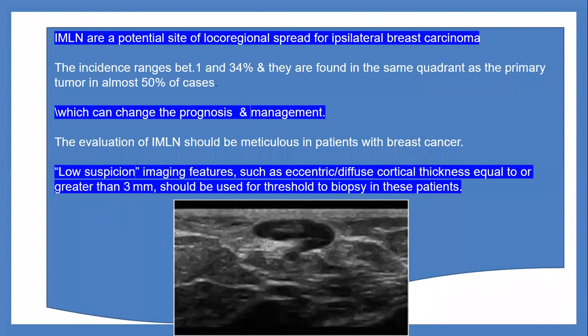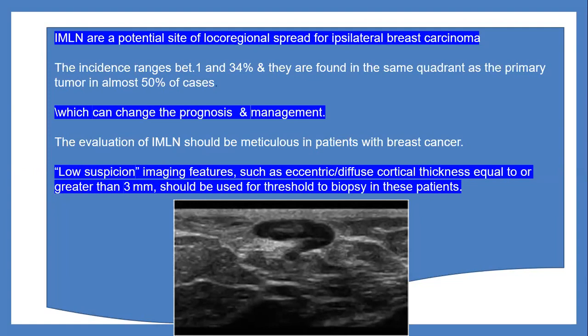The metastatic adenopathy in the same quadrant is seen in up to 50%, which can change the prognosis and management. The evaluation of intramammary lymph node should be meticulous in patients with suspicious imaging features.